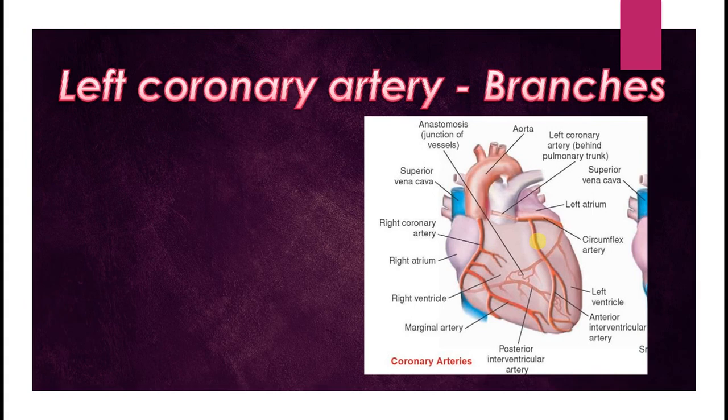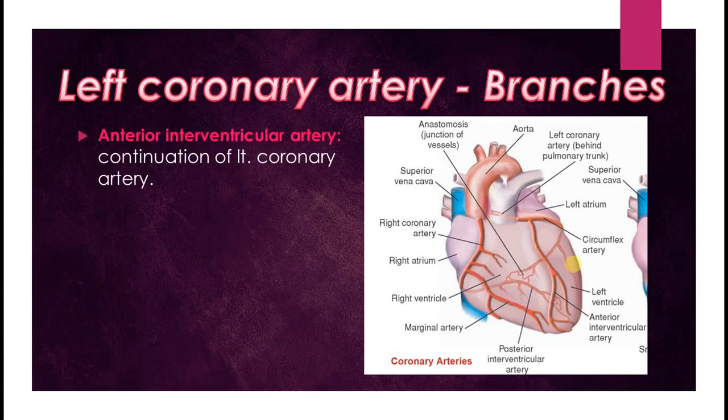Now coming to the branches of the left coronary artery, the main branch is the anterior interventricular artery, considered the continuation of the left coronary artery. It mainly supplies the left ventricle and also the anterosuperior part of the interventricular septum.